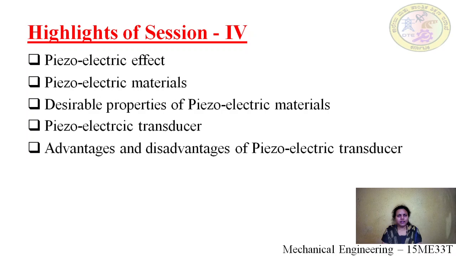The next advantage we saw is rigid construction, meaning it is made stronger in order to withstand rough handling. Even if you handle it roughly, it doesn't affect it. One more advantage is it is well suited for dynamic measurements.